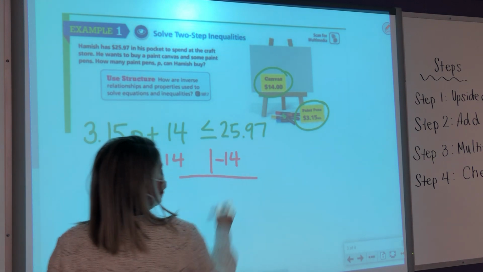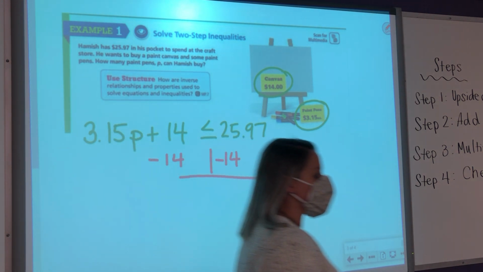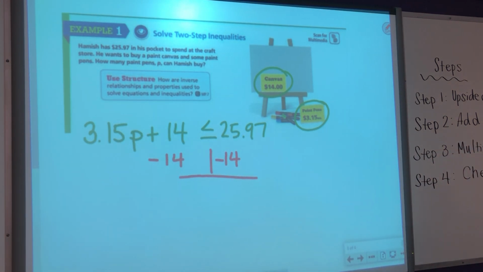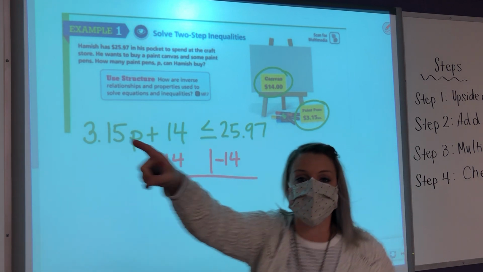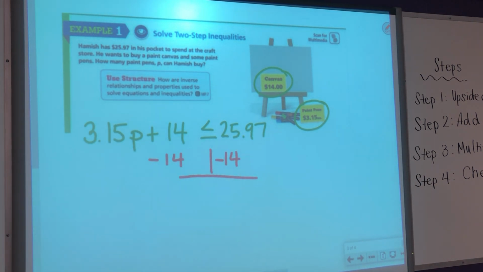This is the part where our calculator really comes in handy, right? I don't know about you, but it's not even 8 o'clock in the morning. I don't want to subtract decimals. Is it okay to use my tools? Yes, it's okay to use our tools. Our mathematical practices say using appropriate tools, that's mathematical practice number 5. So using your calculator is totally appropriate.